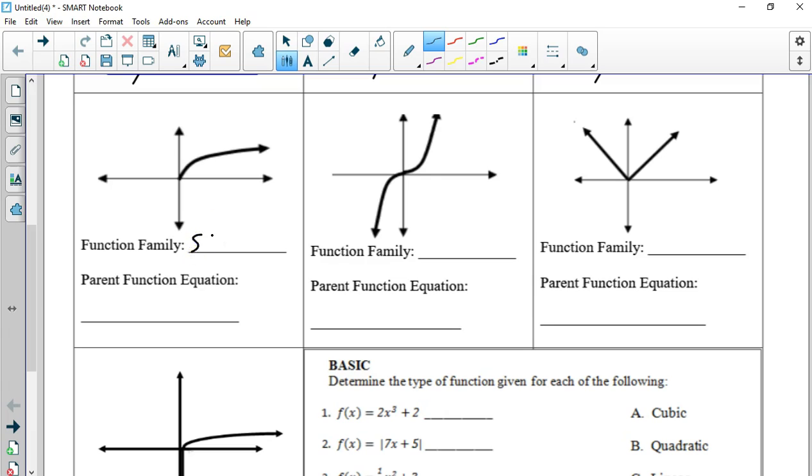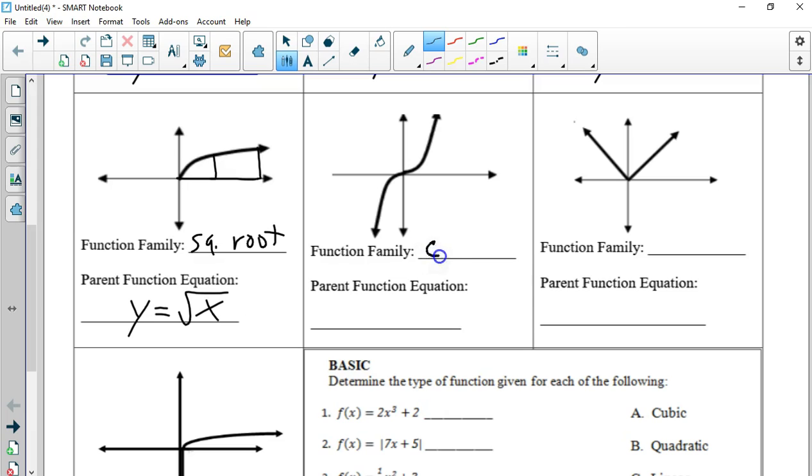This is a square root function. And so our parent function is y equals the square root of x. So the square root of 4 is 2, square root of 9 is 3, and so forth.